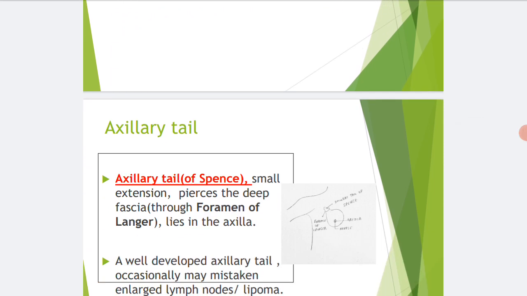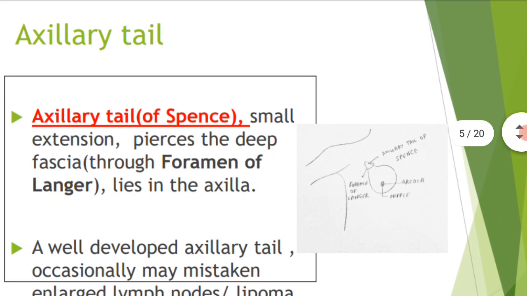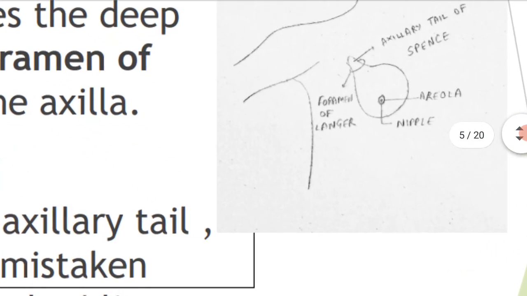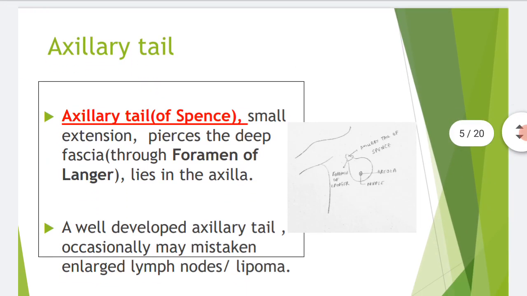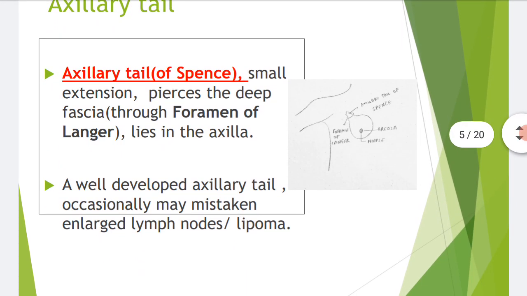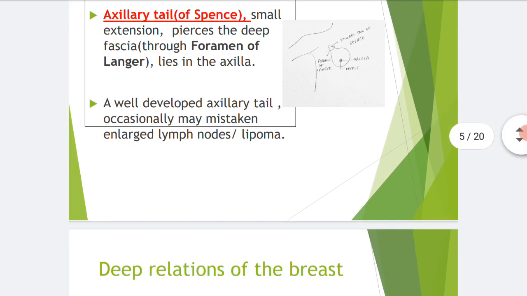The axillary tail, or axillary tail of Spence, is a small extension that pierces the deep fascia through the foramen of Langer and lies in the axilla. A well-developed axillary tail may occasionally be mistaken for large lymph nodes or a lipoma.